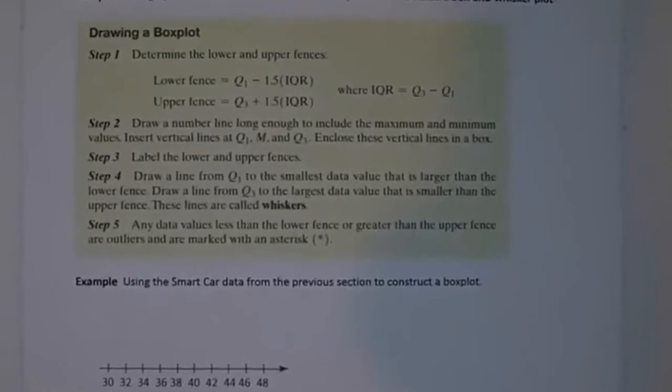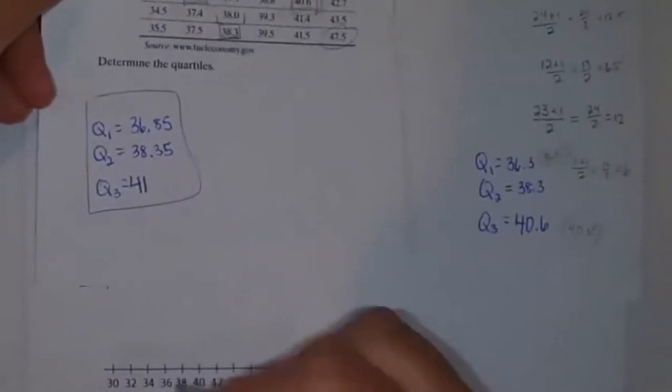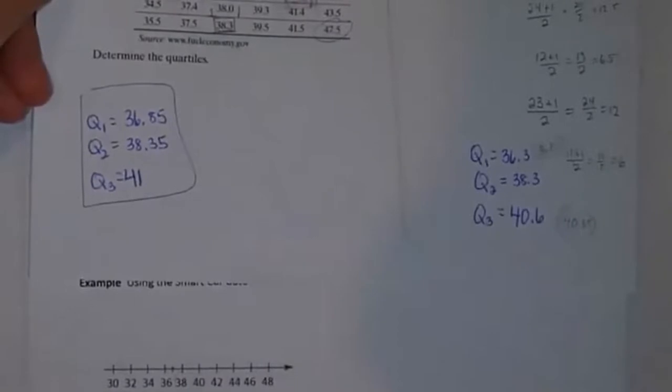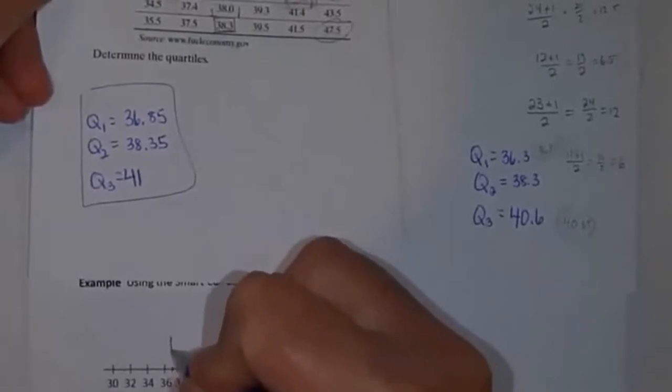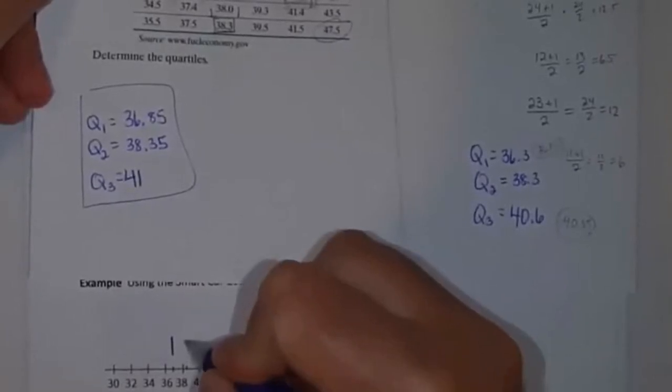Now again, the first quartile was 36.85. So 36.85 would be around in here on my number line. So I'm going to draw a vertical line above that on the number line. The second quartile was 38.35. So that would be around here on my number line.